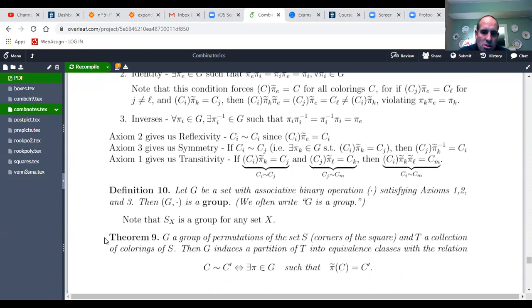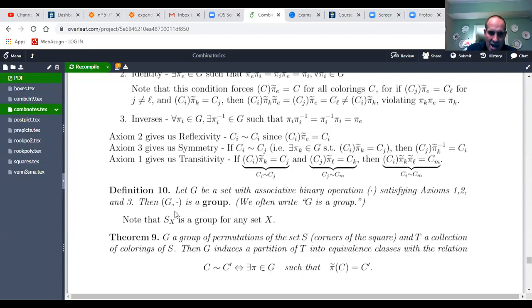This is actually called a group, okay? Here, the operation is composition, okay? So a group is simply a set with a binary operation. Oftentimes you write dot for the operation and you even call it multiplication. But here our operation is composition, okay?